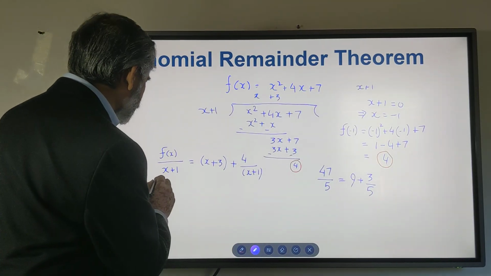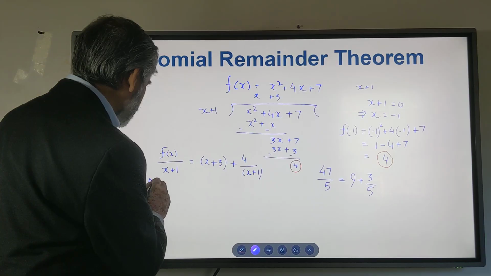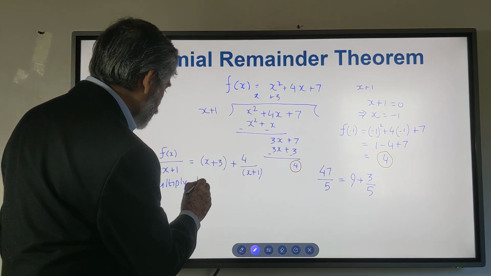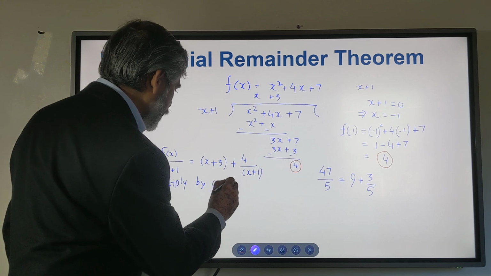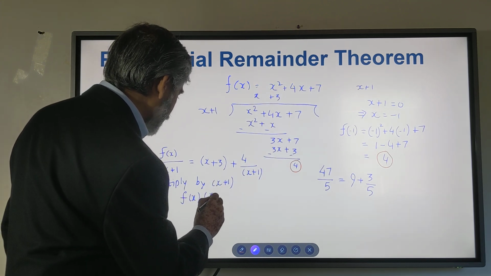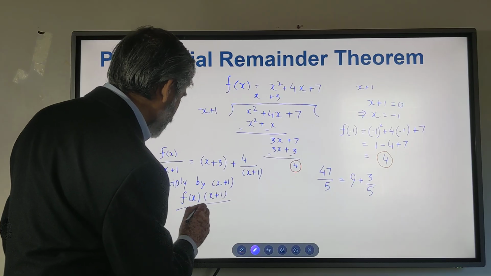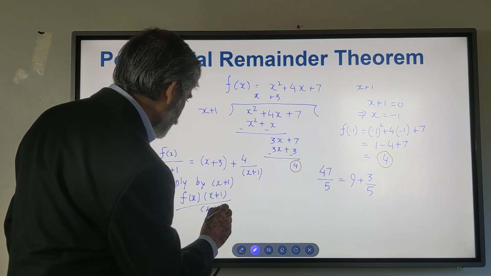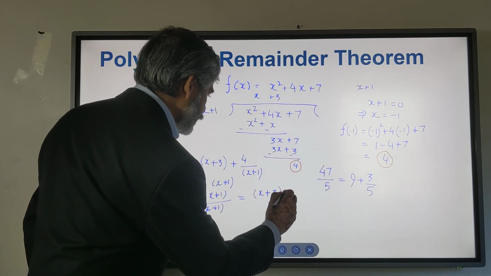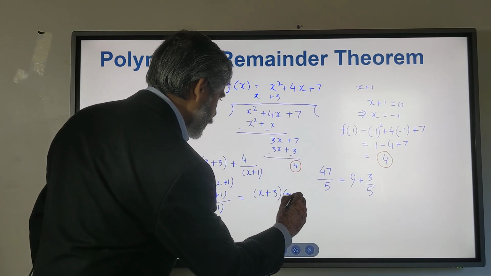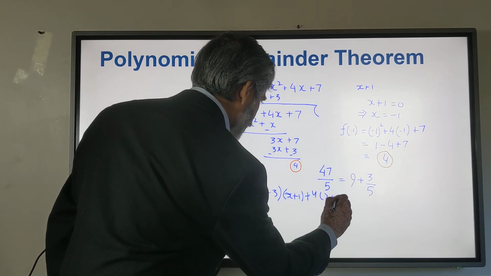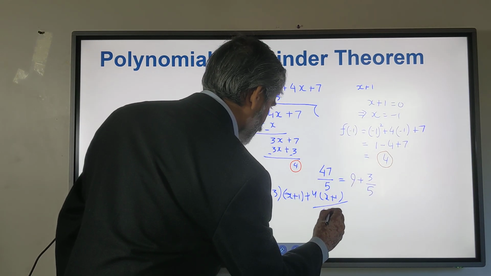Now I multiply this whole equation by x plus 1. So what do I get? f(x) multiplied by x plus 1 divided by x plus 1 equal to (x plus 3) into (x plus 1) plus 4 into (x plus 1) divided by (x plus 1).